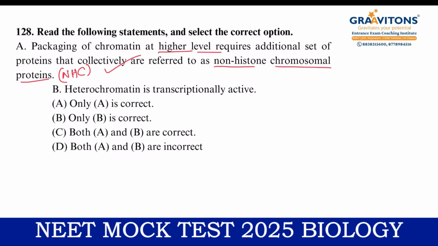Then second statement, heterochromatin is transcriptionally active. It is wrong. Euchromatin is only transcriptionally active. Right? So heterochromatin is inactive. So B statement is incorrect. Answer for this question will be option A. Only statement A is correct.